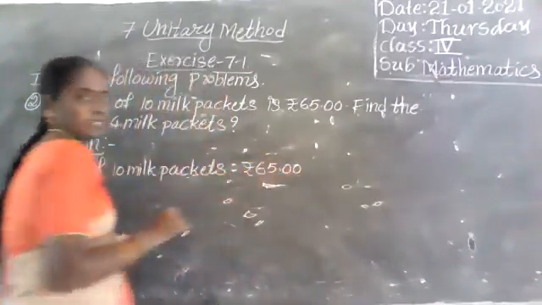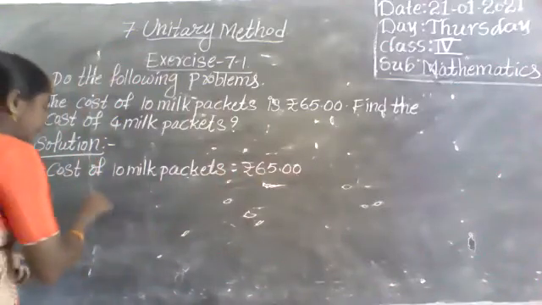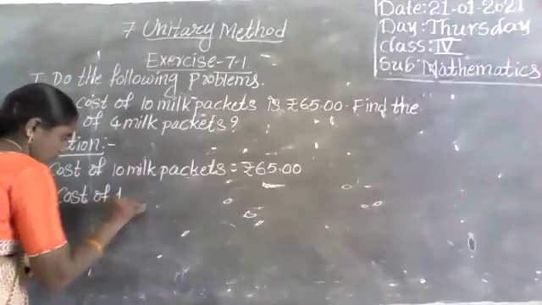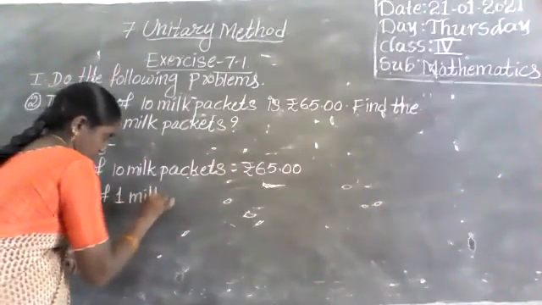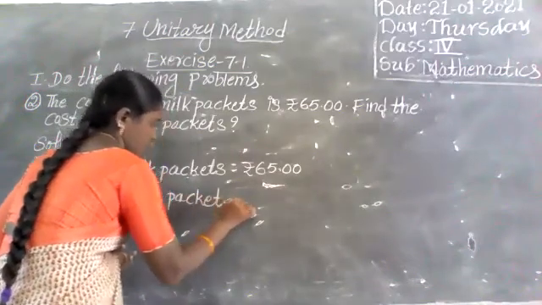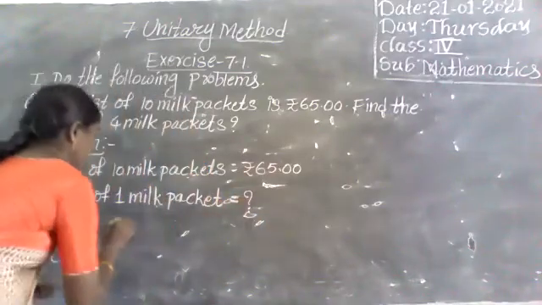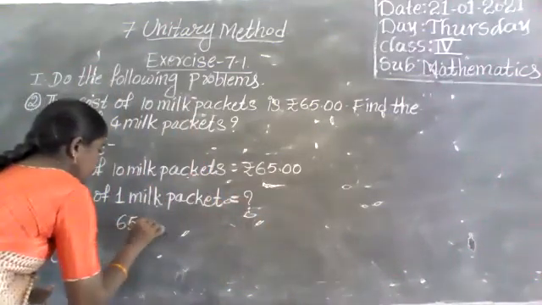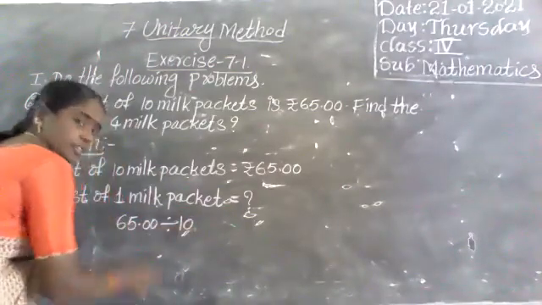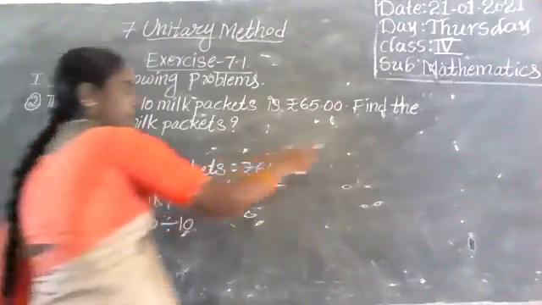Now find out the cost of 1 milk packet. ₹65 divided by 10. Okay, there is not sufficient space. You do it in combination, children, but here there is not sufficient place. That's why I am doing it here.